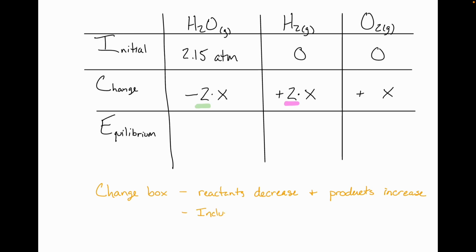And we're going to include those stoichiometric coefficients with the variable x. All right, and then our equilibrium box is the initial plus the change.